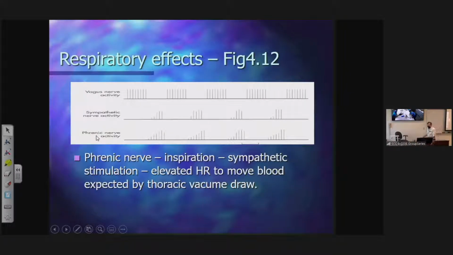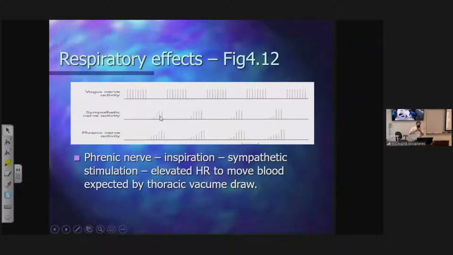Interesting. So if the phrenic nerve's going on, you're breathing. And if you're breathing, you're getting volume return to the right heart. You got the Bainbridge reflex that's kicking things off to stretch and then tells it, hey, speed up the heart rate. But also, when the breathing is happening, the sympathetic nerves are active, saying increase the heart rate because we're breathing.